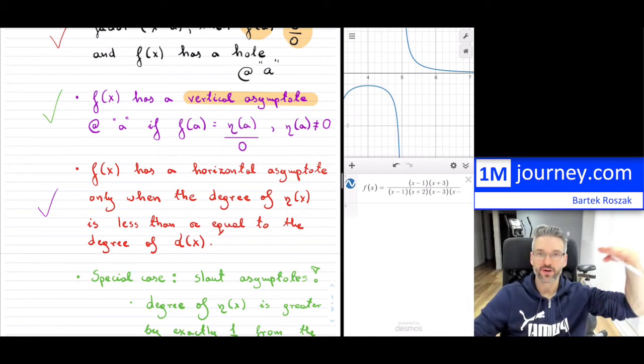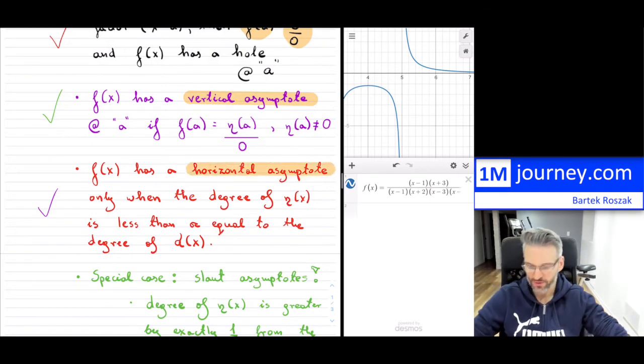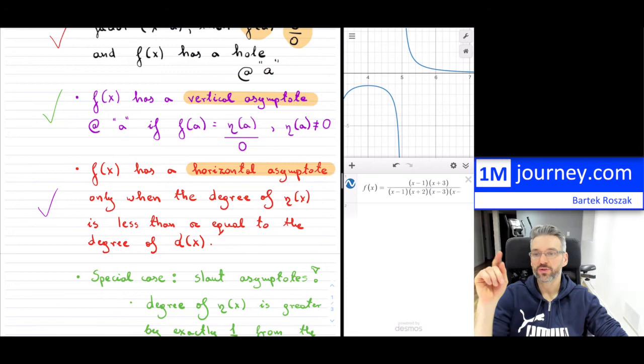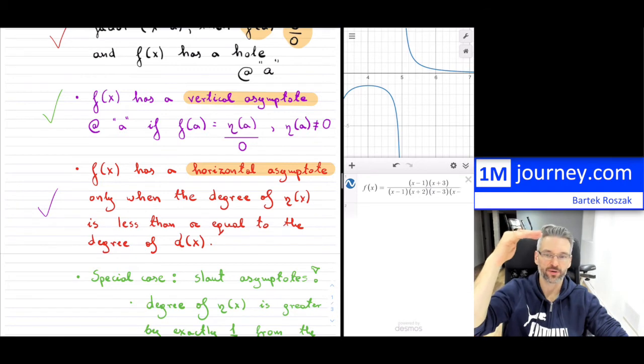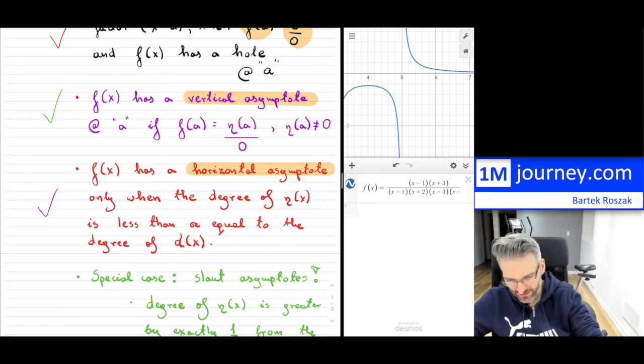Horizontal asymptotes means that we have flat lines in some kind of a form. Now, these only happen when the degree of the numerator polynomial is less than or equal to the degree of the denominator. So that's kind of important.